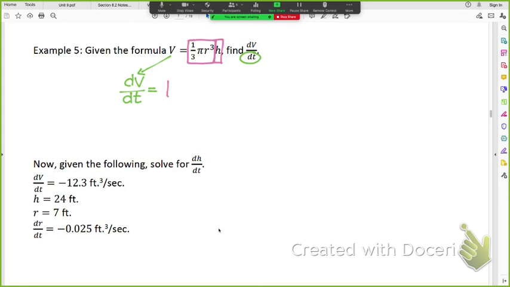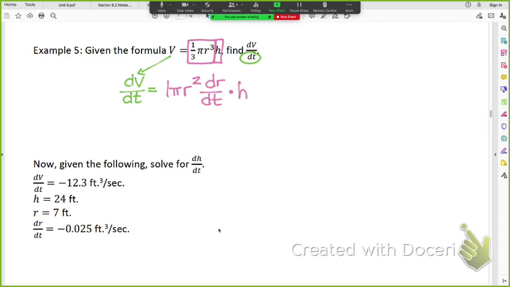So 1 pi, keep the r, and do what to the exponent? Subtract 1. In the product rule, what comes after the derivative of the first? Times the second. And real quick, what did I forget on the derivative of the first? The times dr/dt, because it does not match.